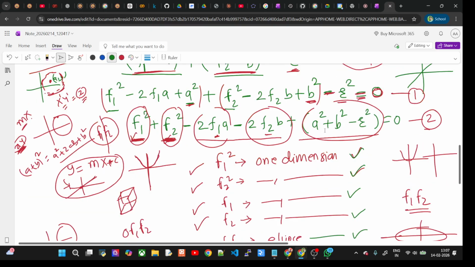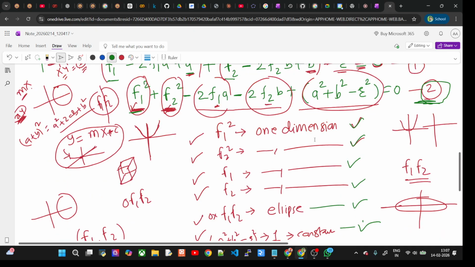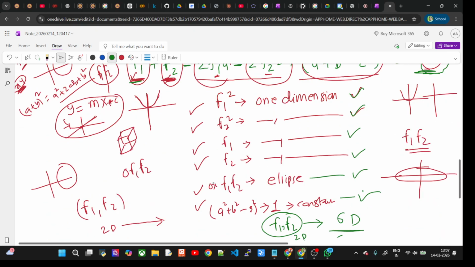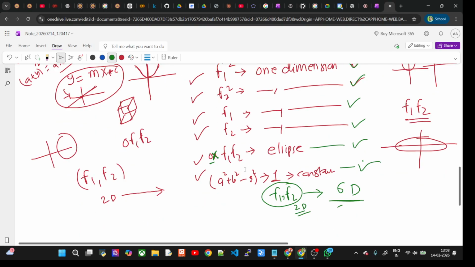From equation number 2 we found f1 square, f2 square, minus 2 f1, all these terms, and 0 into f1 f2. Because it has a 0 coefficient it is not visible here, but it is also present, because generally in 2 dimensions, maybe I will write it this way.